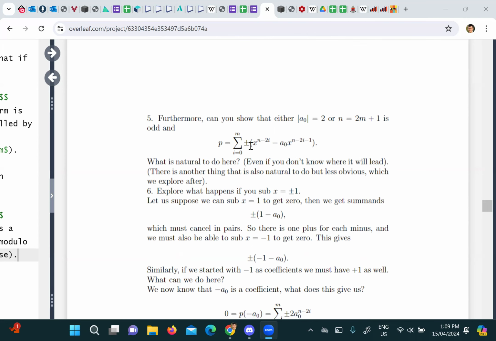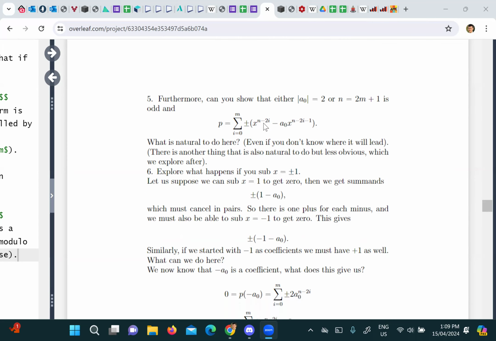You should be able to conclude from this what happens. We just play around with the plus or minus ones. You can sub in and conclude that a naught basically has to also be plus or minus 1.